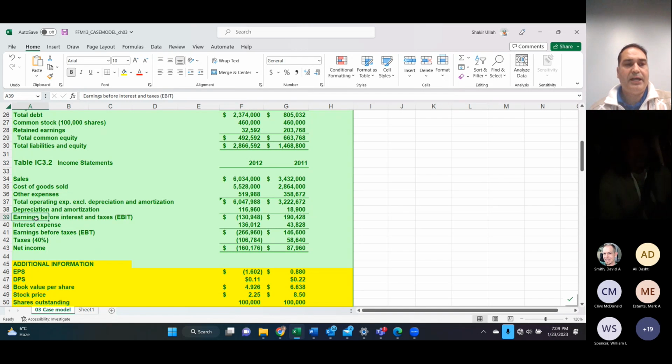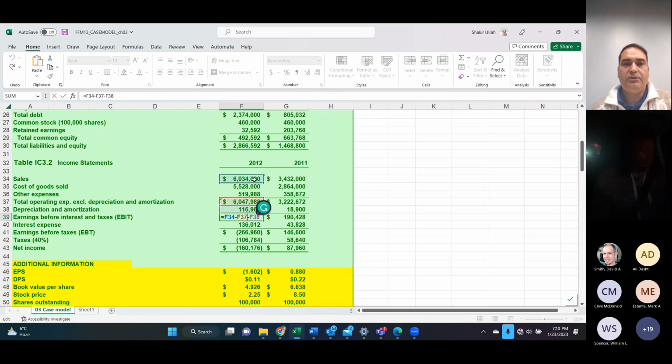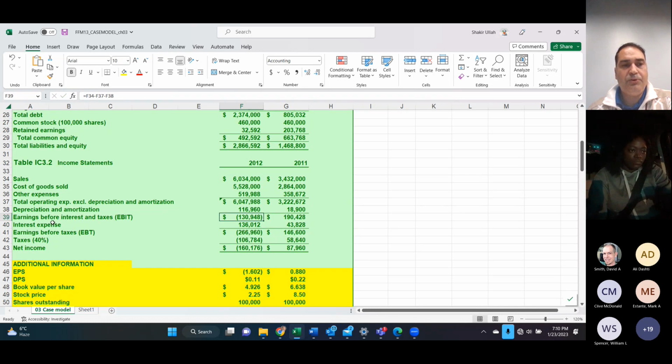Okay. Then you've got earnings before interest and taxes. So what you do is take your total revenue and remove the operating expenses and depreciation and amortization. Now you've got some earnings at this point, but these earnings are before interest and taxes because you still have to pay your interest expense from this amount, and you also have to pay taxes.